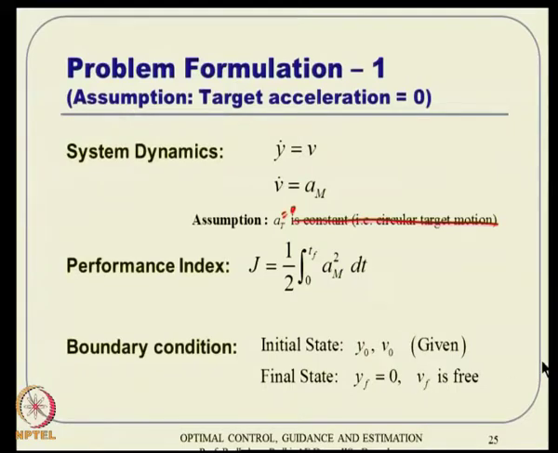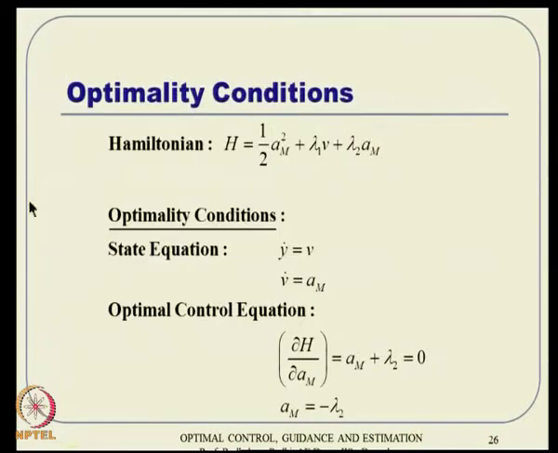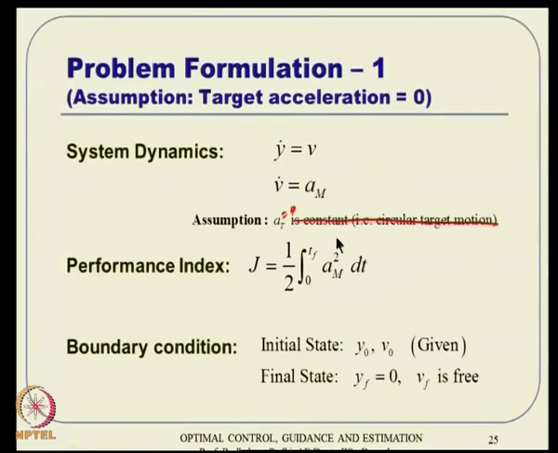This is the very standard way we can start, and you can put some Hamiltonian and things like that. Essentially, you can see that it is also an LQR problem. This is a linear system dynamics with a quadratic cost function. So, you can directly get it using LQR theory also, and that is what we have done in one of the previous lectures, using the state transition matrix solution and things like that.